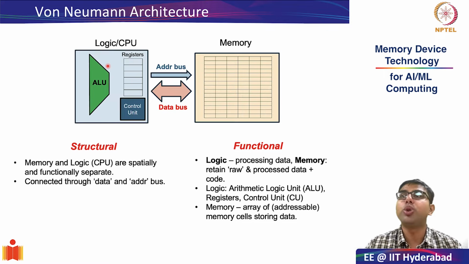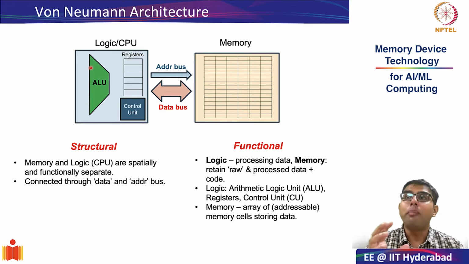The first, which you can say is the most important part, as marked out in green, is the ALU, or the arithmetic logic unit. You can say this is the heart of the logic element because it will do all the mathematical and logic operations which the CPU is supposed to do.